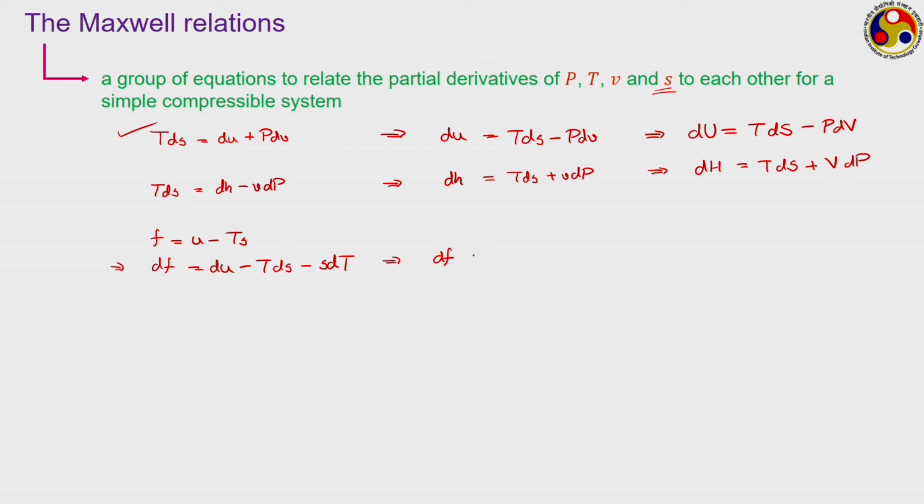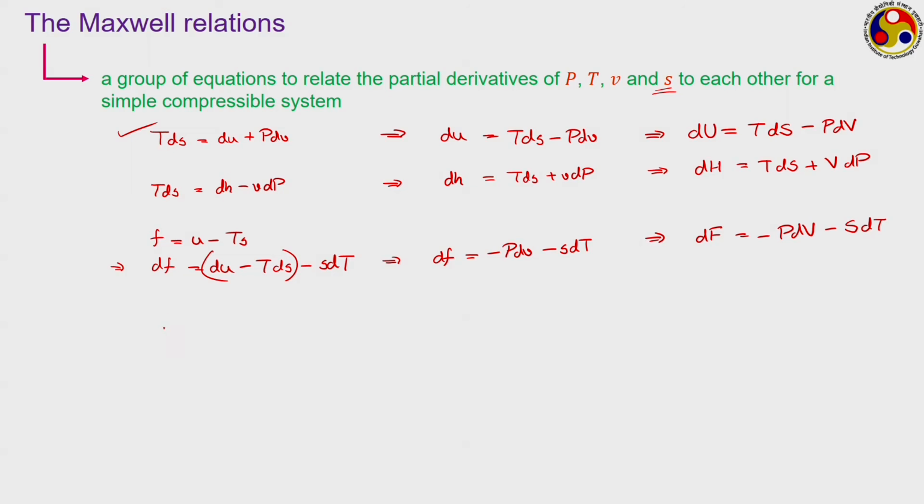So, df now becomes du minus Tds, this quantity we are replacing using minus P dv, minus s dT, or in extensive sense dF is equal to minus P dV minus S dT. So, we got an equation representing the change in the Helmholtz free energy.